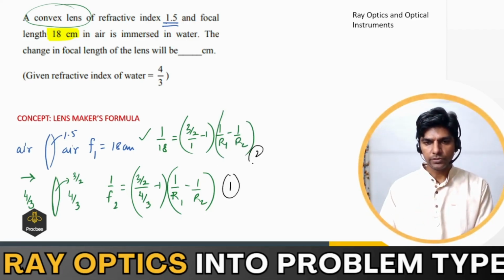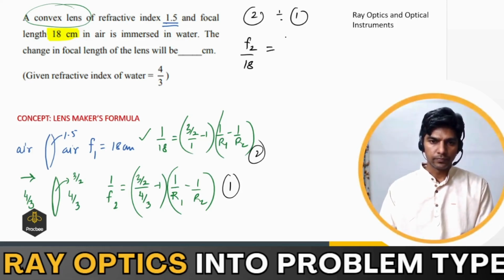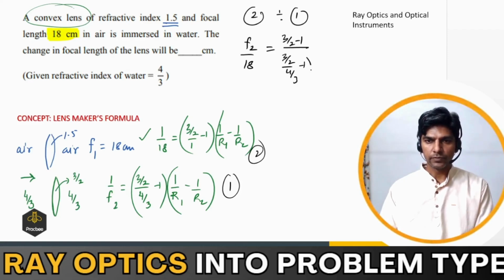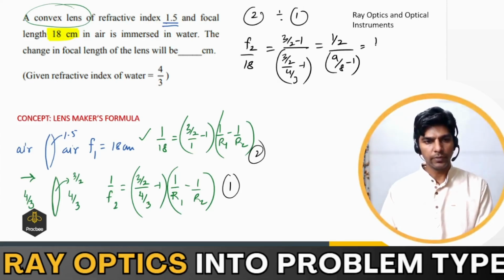So this is 1 and this is 2. If I divide 2 by 1, we will get f2 by 18 equals 3 by 2 minus 1 divided by 3 by 2 upon 4 by 3 minus 1. So let us simplify this. So 1 by 2 divided by 9 by 8 minus 1. So that will be 1 by 2 times 8 by 1, so that will be 4.